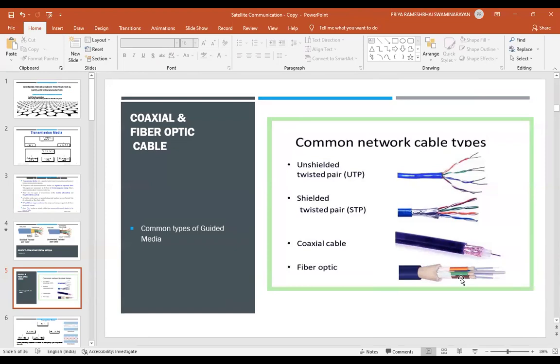That LED or laser beam converts the signal into light. Once converted, the light beams travel through the fiber optics cable, and at the destination's end, we have to convert that light back to a signal, and that task can be done with the help of a photodiode. So we have to use two additional interfaces whenever we are transferring data through fiber optics cable. These interfaces are not required in the case of coaxial cable, UTP, and STP.